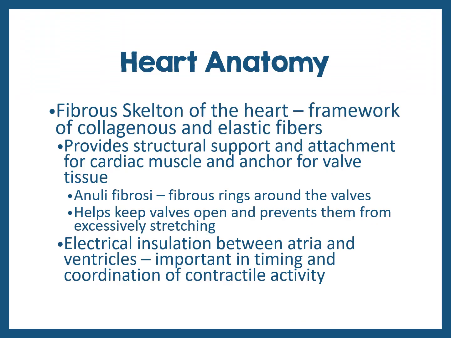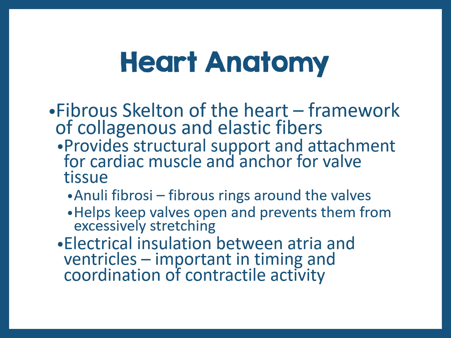Within the heart muscle, there is a fibrous skeleton. It's not bone, but it provides a lot of the function. It will also have valves, and these valves will have rings of this fibrous tissue around them.